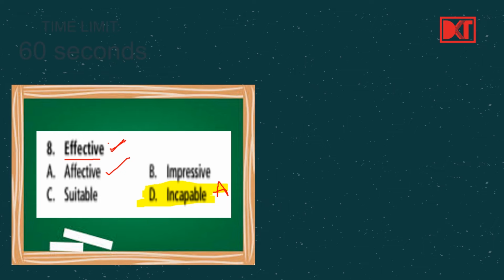Suppose you wanted to achieve X sort of results or X marks, and if you have achieved that result, then that will be called effective. But affective, where we use A, means something that has been influenced by some sort of emotions or feelings. Alright. Now the other words like impressive and suitable can be called synonyms of effective. Alright.